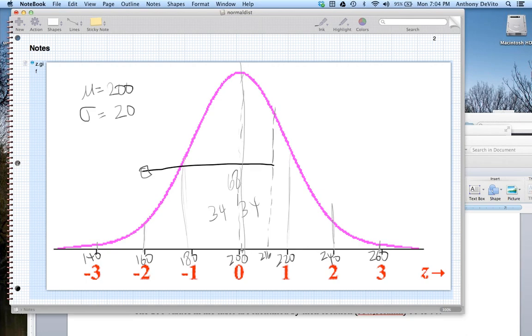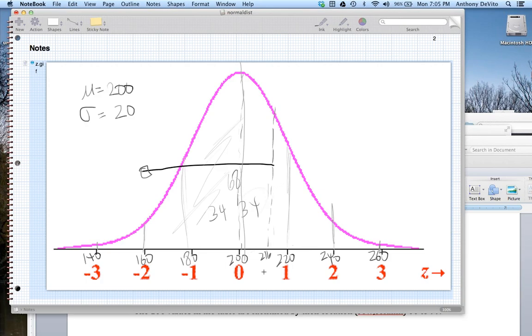Well, we know the mean represents 50%, and had we gotten to 220, it would have been another 34%. So 50 plus 34 would have been 84%. That would have been quite a bit of the entire population, but it didn't make it to 220. So it's more than 50%, but it's less than 84% because we didn't get that whole 34%.